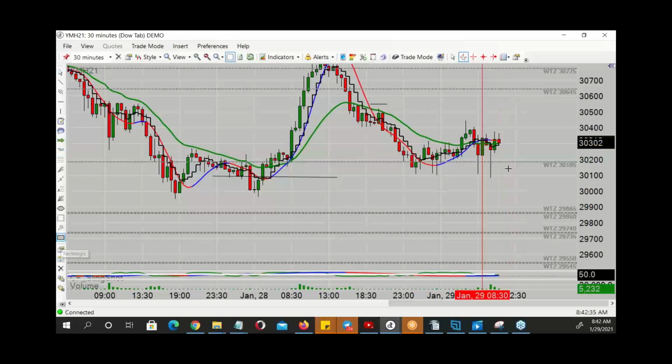We have a window of opportunity right here. Okay. So we need to take out the low of that candle. So we could get in at roughly 32.30 and trade it down to the zone at 31.90. That's 40 points at $5 a point, $200 per contract traded.